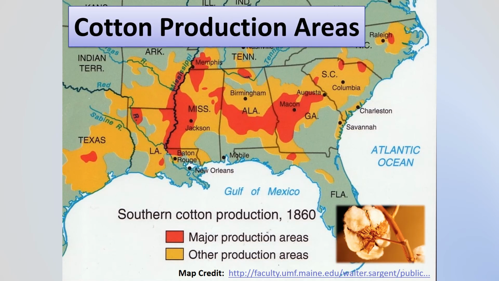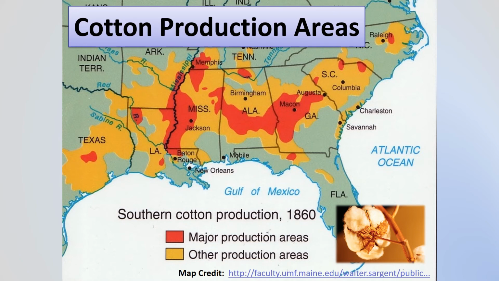These are the cotton belts. You can see that Alabama, Georgia, Mississippi, the eastern part of Louisiana, up into parts of Arkansas along the river, and then you've got cotton production as well in Texas. A lot of sugar plantations in Louisiana used slave labor.